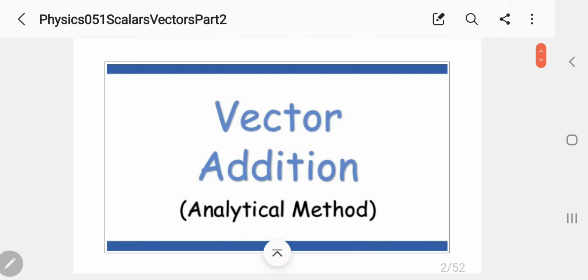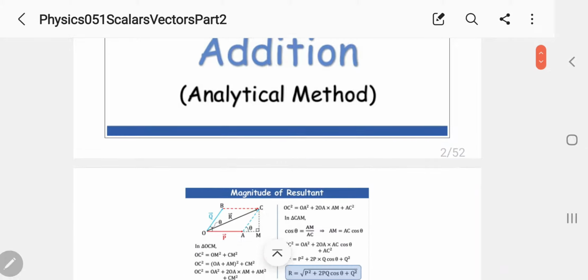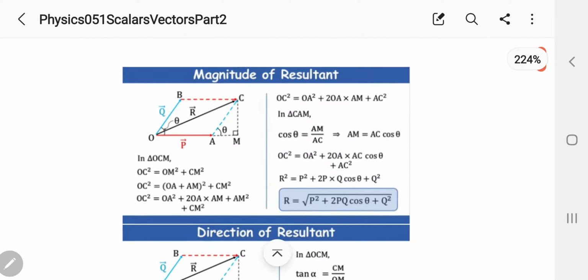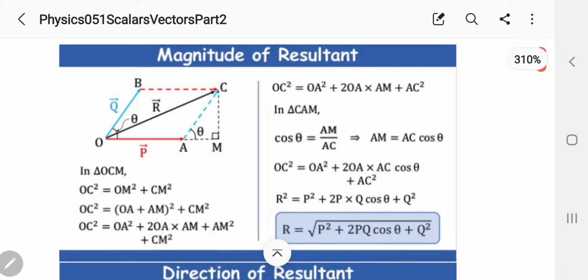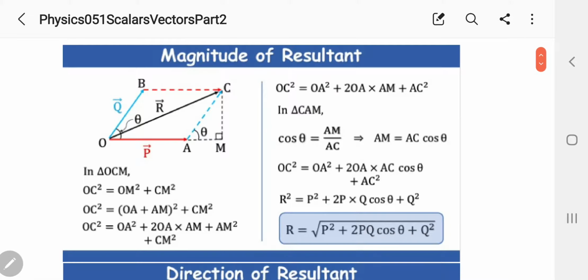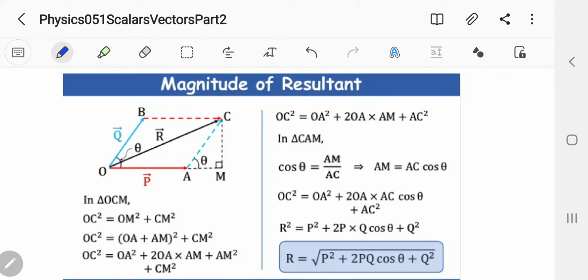We left the last lecture with the vector addition analytical method. Last time we added vectors q and p. We have p in this direction and q in this direction. If we add them, we connect the tail of q to the head of p, and the resultant would be this one.